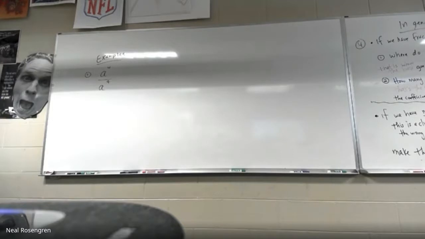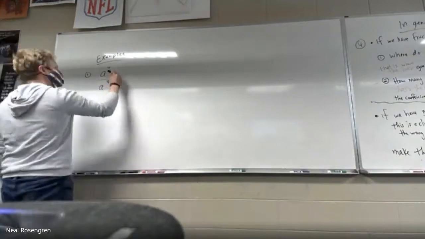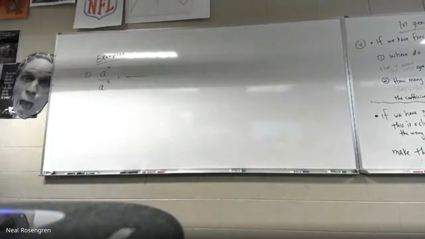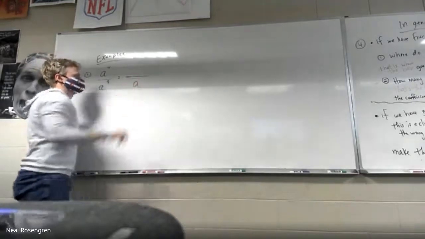One a left over with one exponent. The question just remains, where's that a going to go? And all you have to do is ask yourself, where do I have more, top or bottom? Not top, bottom. Usually I'll give myself a space to work first if I don't know what I'm looking for. But good, I got more a's on the bottom, so down it goes.